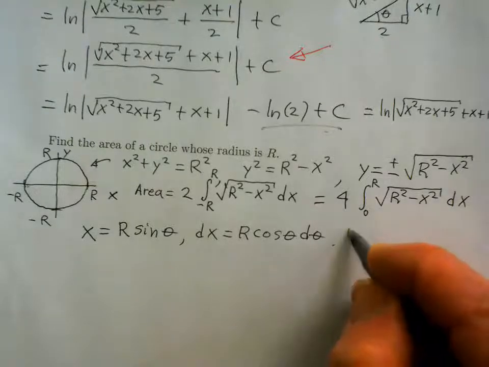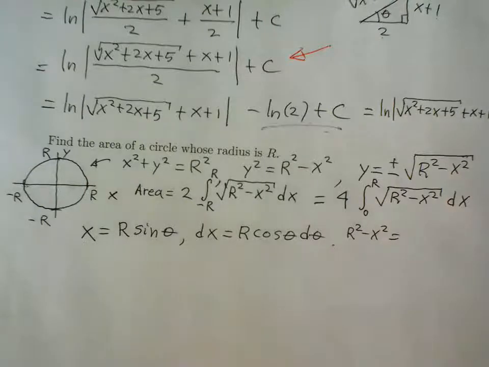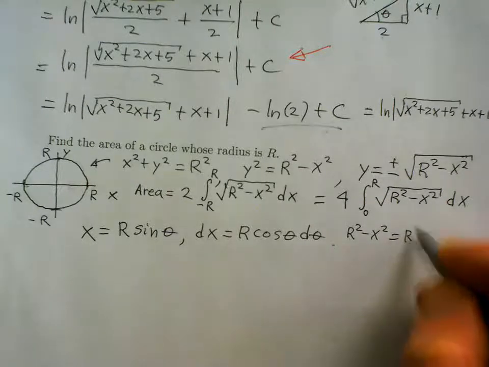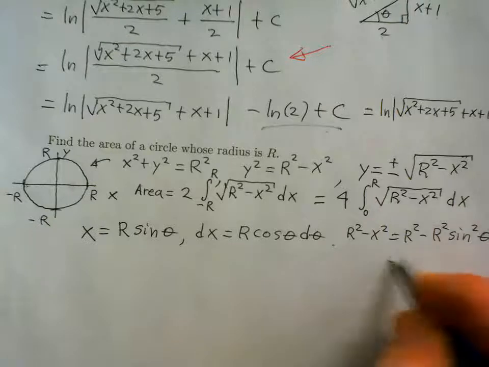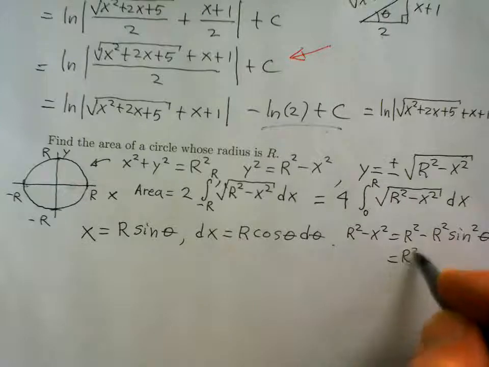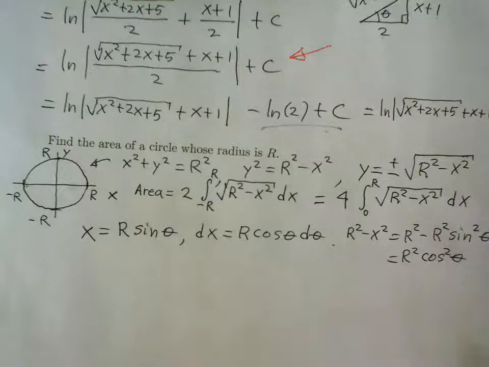And R squared minus x squared, that's what's going inside the square root. That's R squared minus R squared times sine of theta squared. And this is all going to simplify to R squared times cosine of theta squared when we use the Pythagorean identity, right?